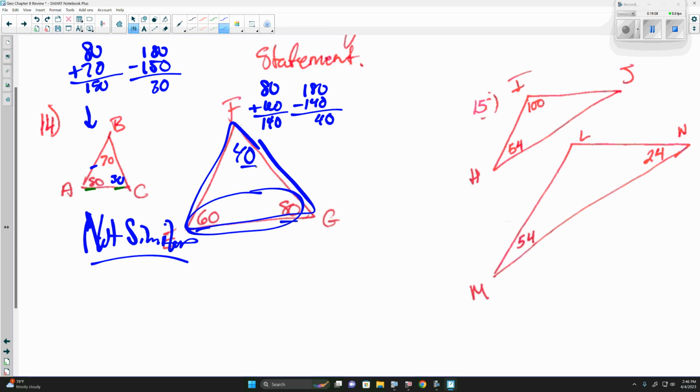Now, if we look at the next one here, I'll pick the top triangle. So we can say 100 plus 54 is going to be 154. And if we subtract it from 180, 26.